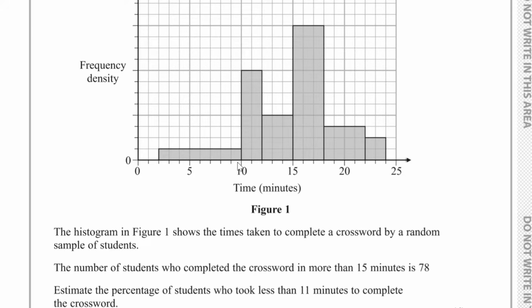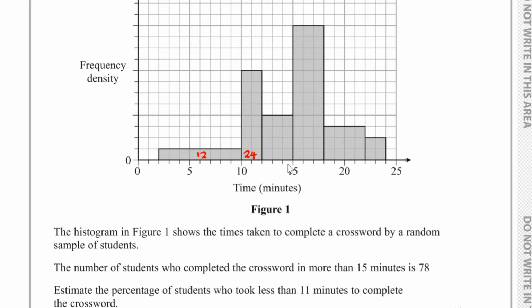Multiplying that by 1.5, we end up with 12. So we have 12 students here. Here between 10 and 12, you can see that we've got over here 16 squares. Therefore, 16 times by 1.5, that's 24.